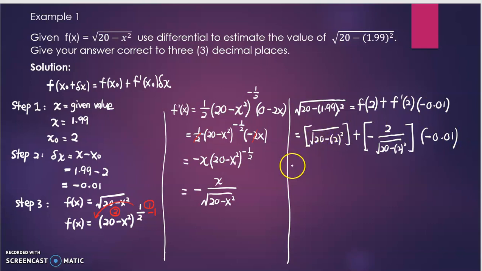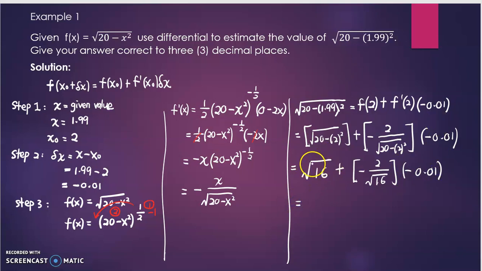Let me solve this. Using your calculator, 2 squared is 4, and 20 minus 4 becomes positive 16. For the second part, negative 2 over the square root of 20 minus 2 squared, again that is 16, multiplied by negative 0.01.